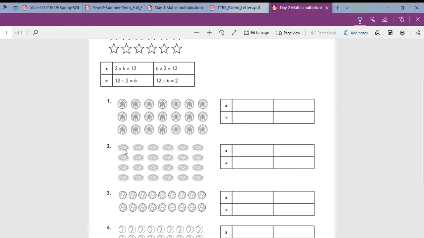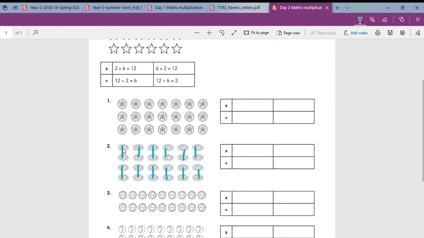You might be able to do it by writing it out on paper, or you might have the same tool on your computer. So just to make it easier, I'm going to draw a line so I can see those groups. 2, 4, 6, 8, 10, 12, 14, 16, 18, 20.